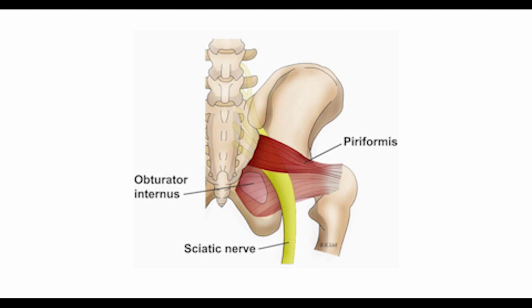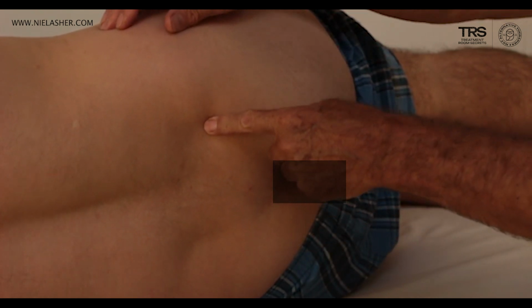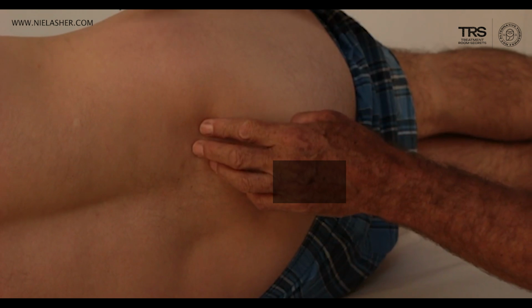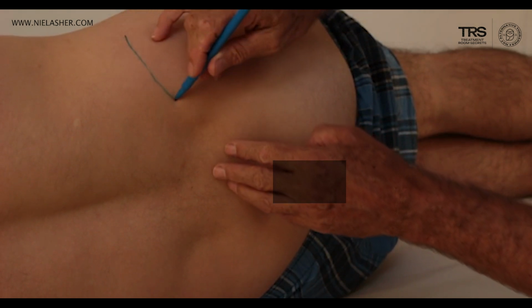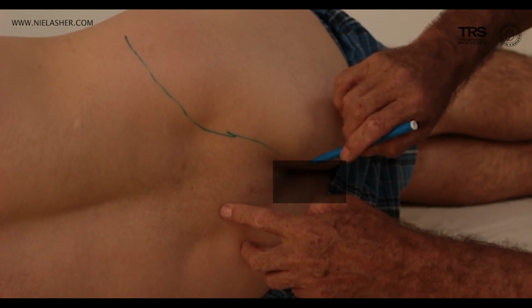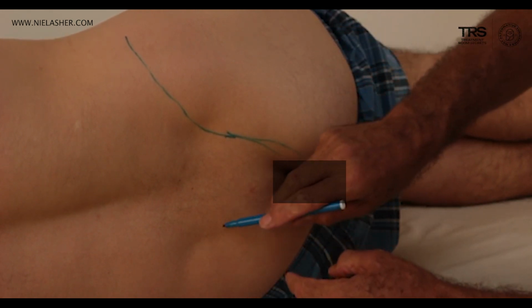This is the last of the buttock muscles, which is the piriformis. So just to give an idea of anatomy, I'm going to follow the iliac crest around like that, then the sacrum, which carries on down here like that.